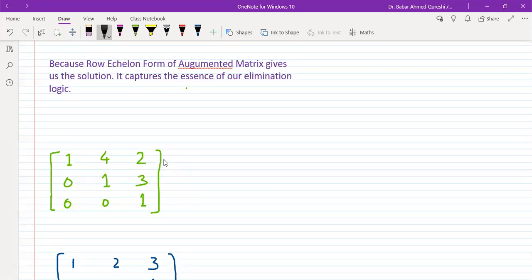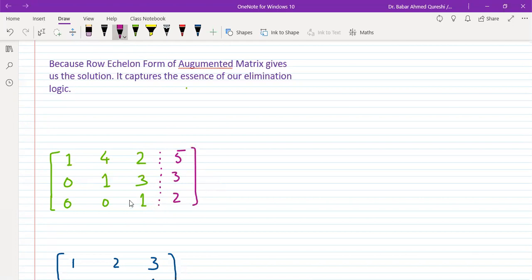So suppose I change it a little bit. It's still in row echelon form.